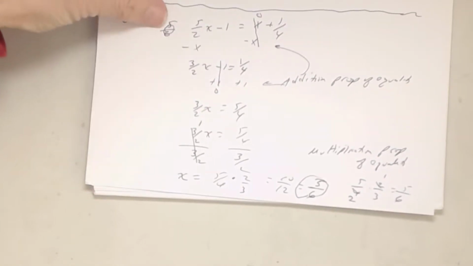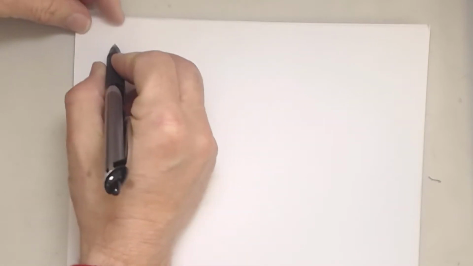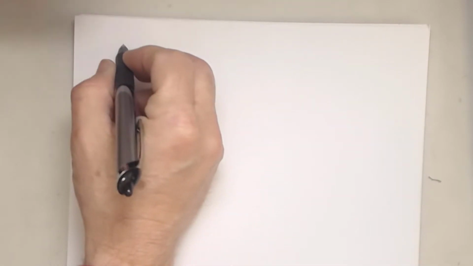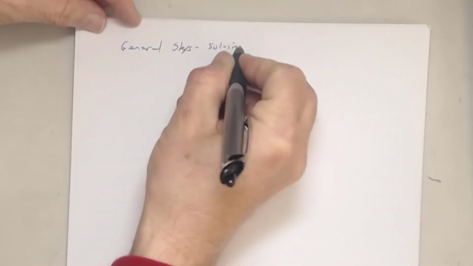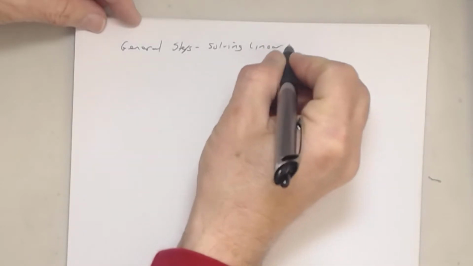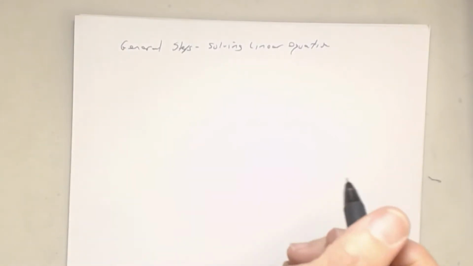Now let's do the same problem using the idea we were talking about last class period, because you have to know how to do that. So the steps at this point are going to be this. These are your general steps for solving a linear equation.